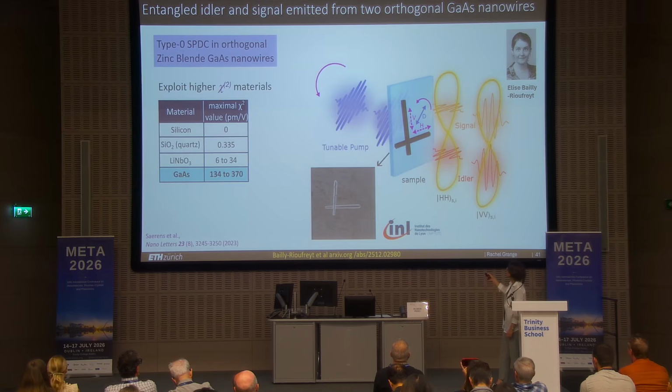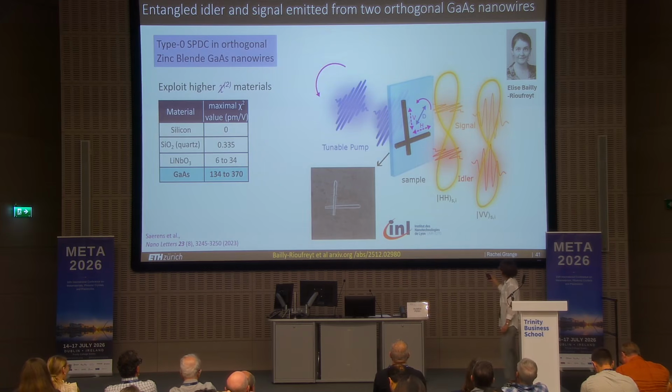These are zinc blende gallium arsenide nanowires that are grown by our collaborator in Lyon. That's how they look. And we transfer them mechanically on a substrate. We can also micro-manipulate them to put them the way we want. And here you have a more or less perfect arrangement of perpendicular nanowires.